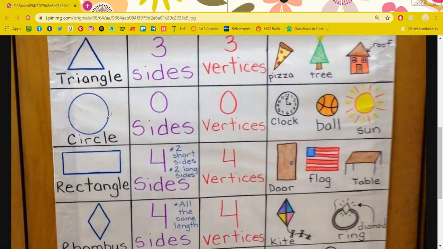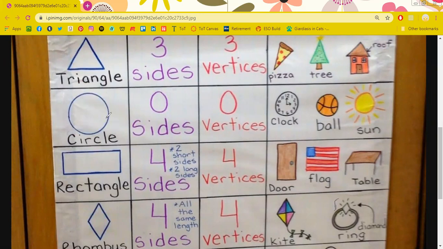So circles, really, they don't have any sides because the side should be straight, and it's not. And because there's no sides, there's not really any corners for any part of this circle to meet. It's smooth, it's round, there's no points in our shape.